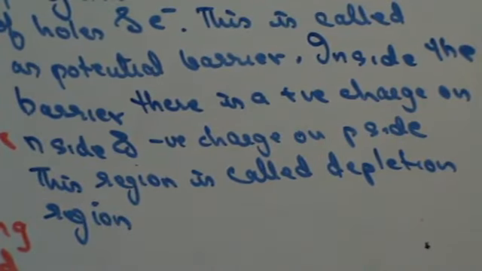Fine, do we get this thing clear? So do we understand how a potential barrier is created and what is a depletion region? Right? Okay, we'll stop this here for the day. Thank you very much.